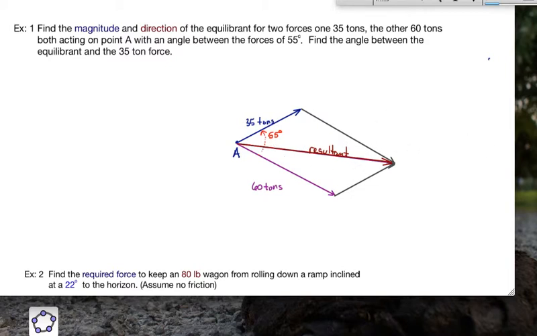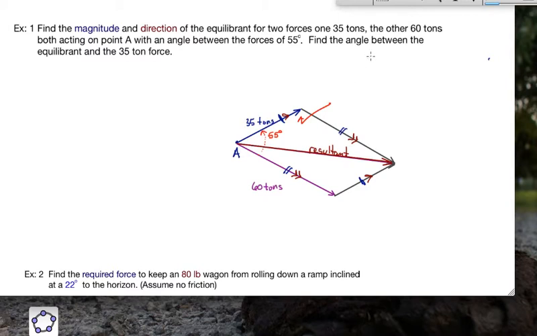So what do we know about parallelograms? The opposite sides are congruent, and the opposite sides are also parallel. So if this angle is 55, I know this angle over here, because same side interior angles are supplementary.